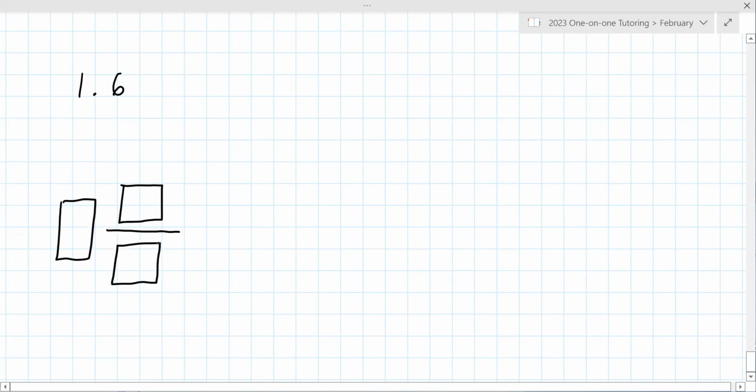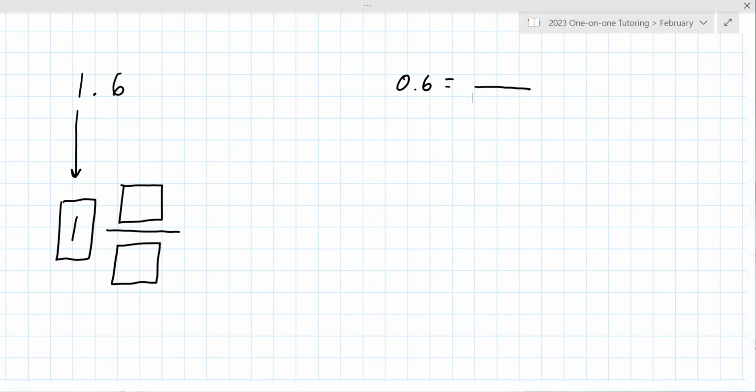Let's say it's 1.6. So we want the whole number. What goes in the whole number box here? 1. The 1. And then you have to write 0.6 as a fraction. Could you do that for me, please? Okay, so 6 goes on the top and 10 goes on the bottom. Okay, but can you reduce that?